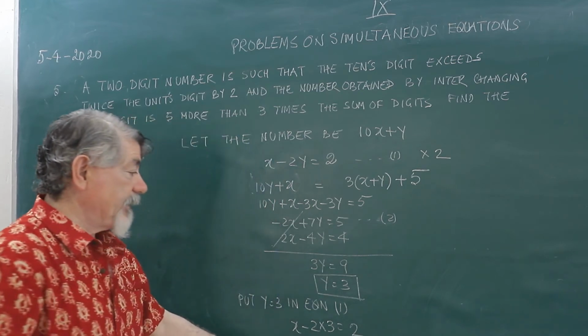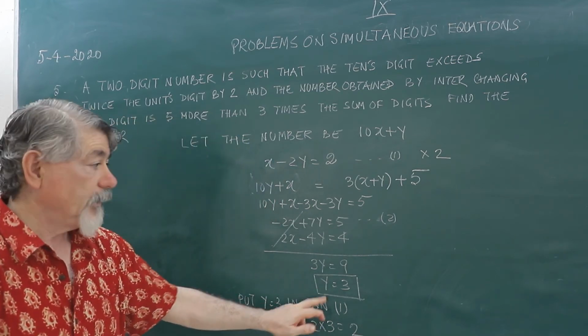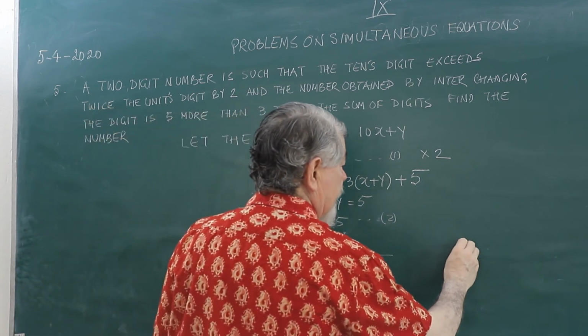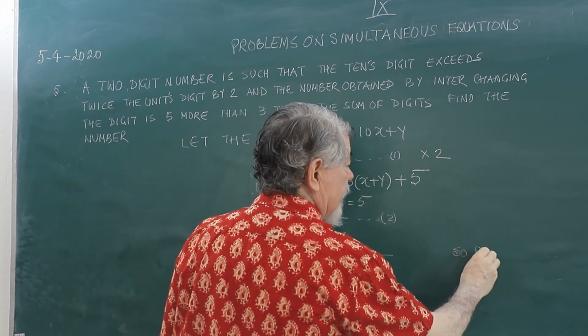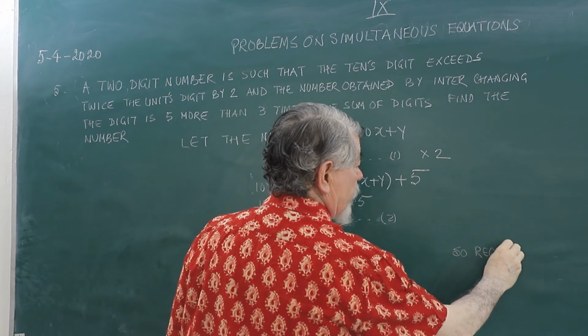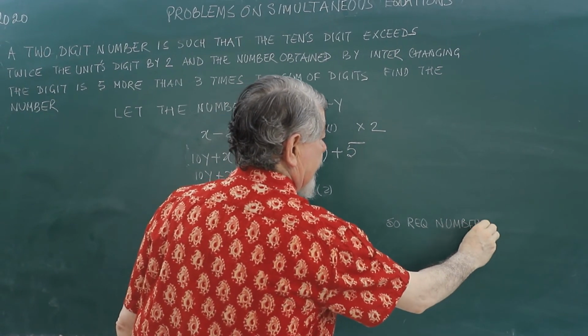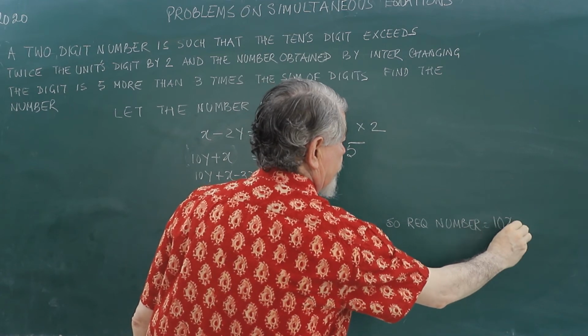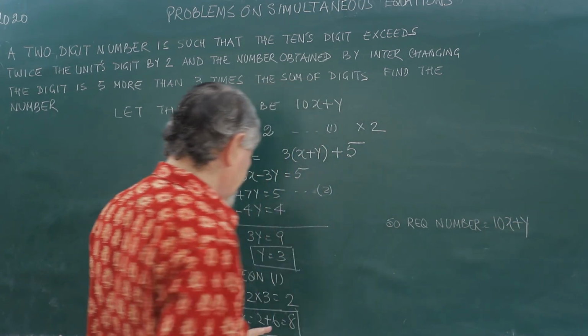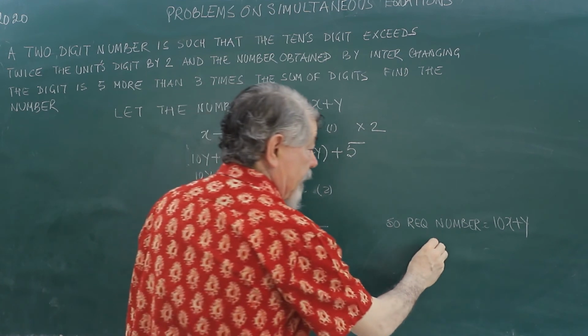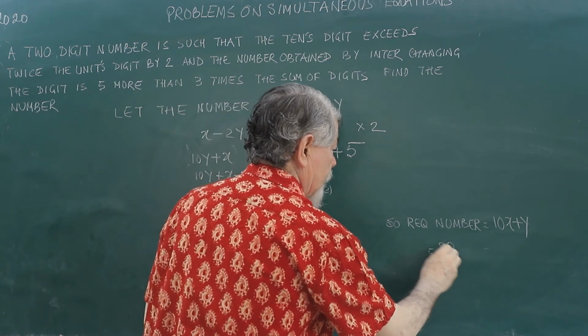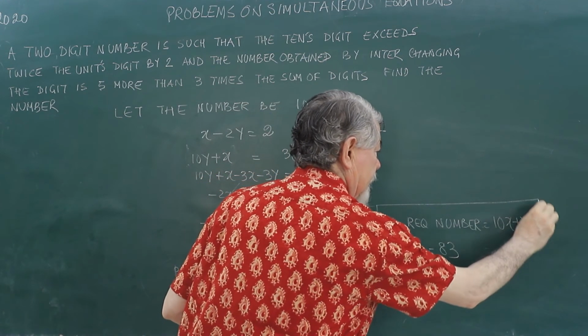I have got x as 8 and y as 3. So the required number will be 10x plus y. x is 8, so it will be 83. The required number will be 83.